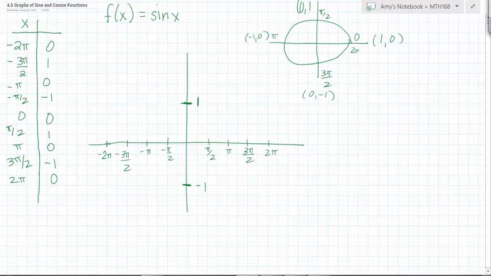If you graph these points, negative 2 pi, 0, negative 3 pi over 2, positive 1, negative pi, 0, negative pi over 2, negative 1, 0, 0, pi over 2, 1, pi, 0, 3 pi over 2, negative 1, 2 pi, 0. And you connect these points.